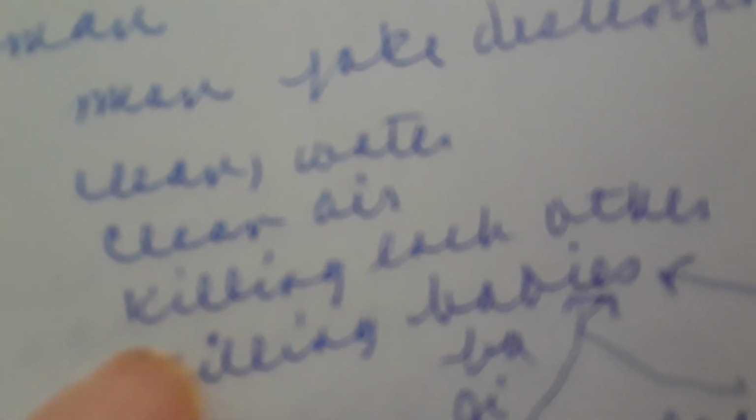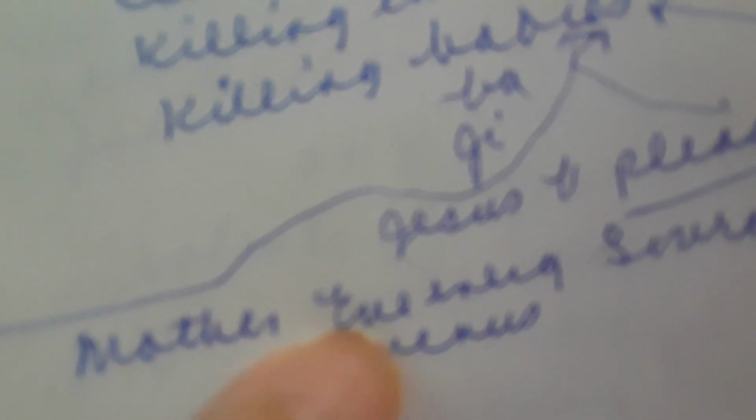Destroying clean water. Destroying clean air. Killing each other. Killing babies. Jesus. Be pleasure. Earth Mother. Eve energy. Venus. Source of pleasure.